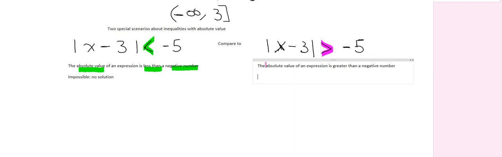So when is this possible? Well, this one turns out to be always possible. I'm just going to say always possible, and remember, your solution will be all real numbers.